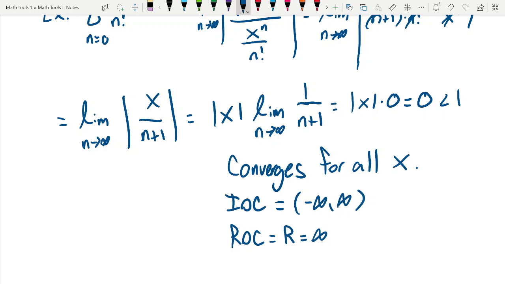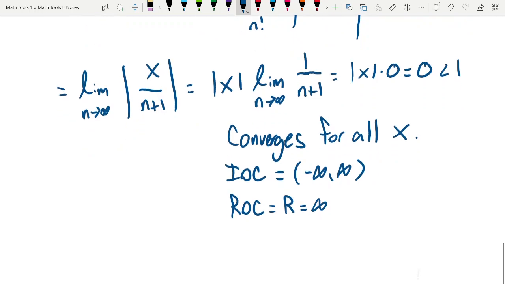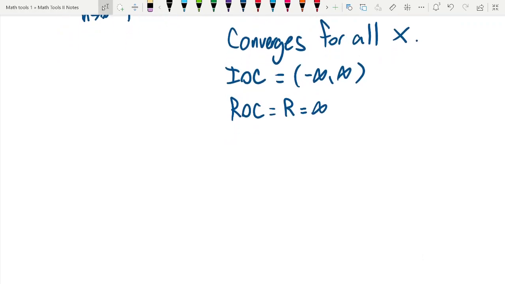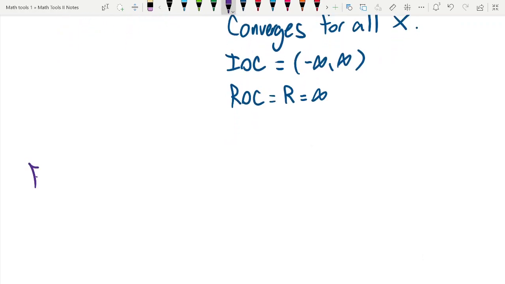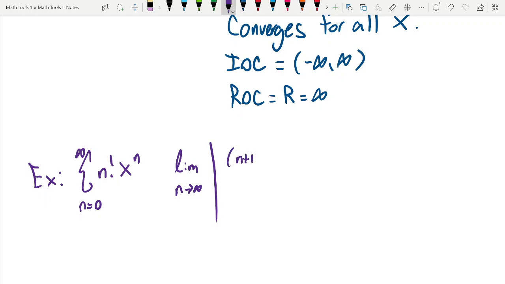All right, so let's look at the other ones that we had written down before. The second one was n factorial x to the n. Okay, so we'll look at the limit as n goes to infinity of n plus 1 factorial x to the n plus 1 over n factorial x to the n.